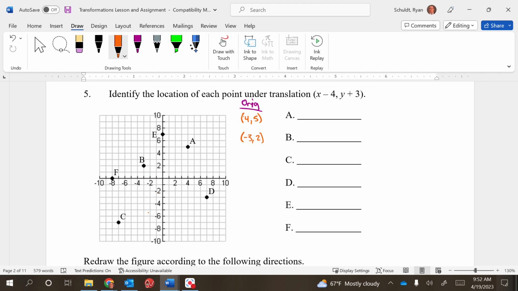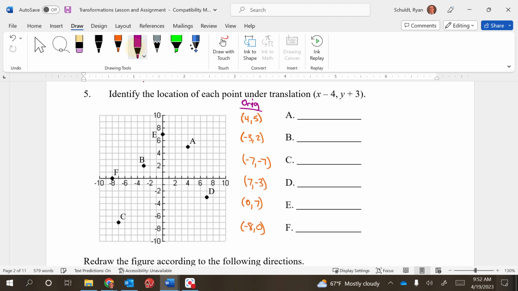C initially is at negative 7, negative 7. D initially is at 7, negative 3. E initially is up here at 0, 7. And then F initially is at negative 8, 0.